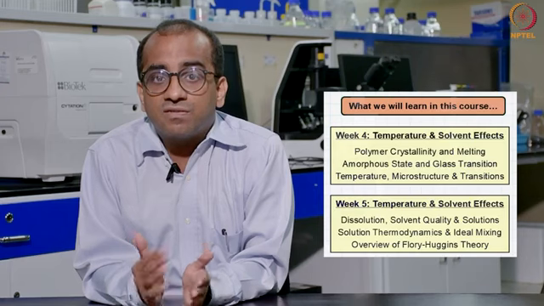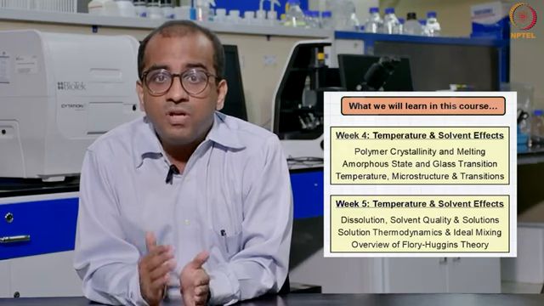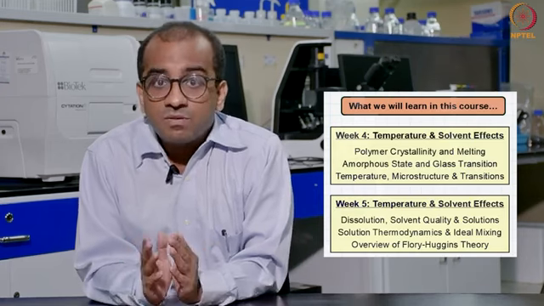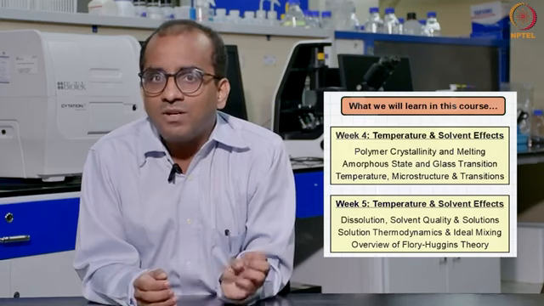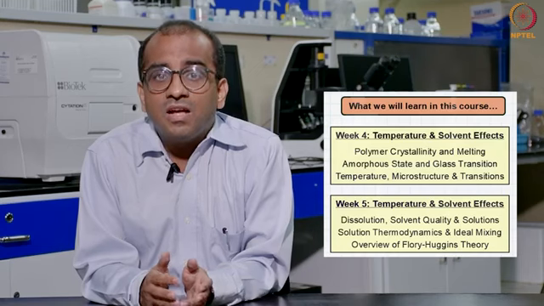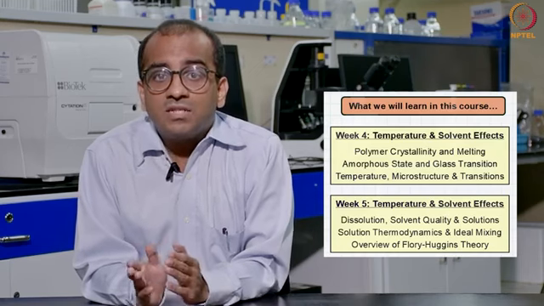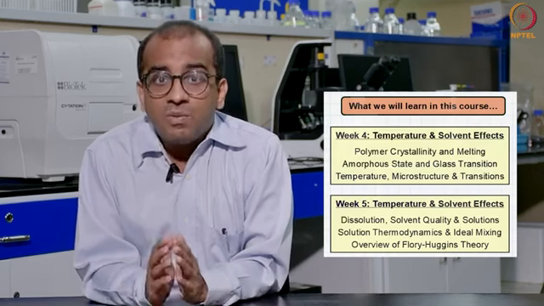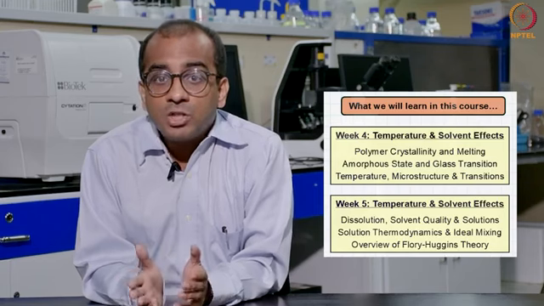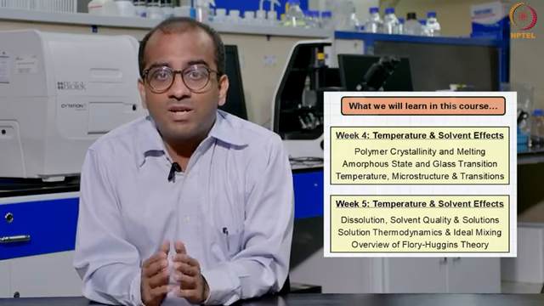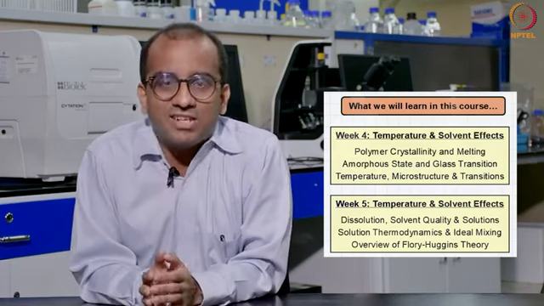And weeks 4 and 5 will then move to temperature and solvent effects, which are important not just from a polymer microstructure perspective, but also to understand polymer processing, and also because temperature and solvent will both play a very important role in eventually dictating the performance of polymeric biomaterials under physiological conditions.